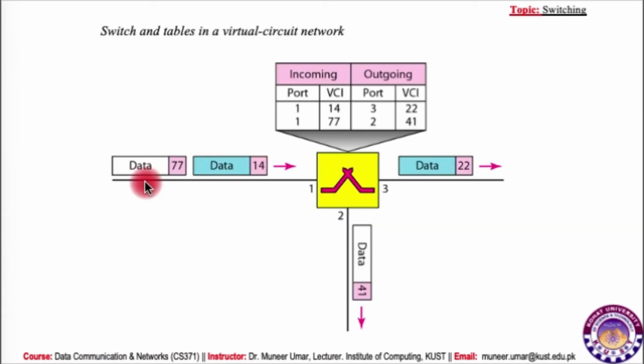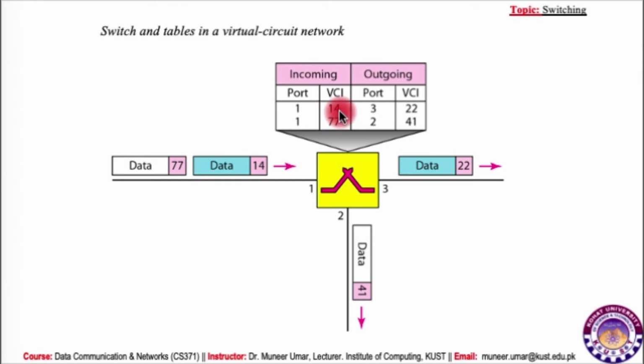This figure shows a frame arriving at port 1 with VCI 14. When the frame arrives, the switch looks in its table to find port 1 and a VCI of 14. So here we have port number 1 and VCI 14.